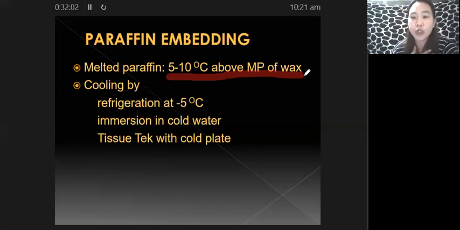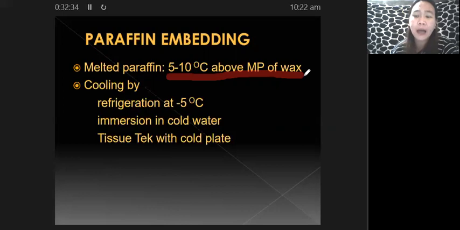This is because at lower temperatures, your melted paraffin tends to have bubbles. Nagbabubble po siya. So in order to avoid having bubbles in your block, the required temperature for your melted paraffin is higher. It's 5 to 10 degrees Celsius above the melting point of the wax.